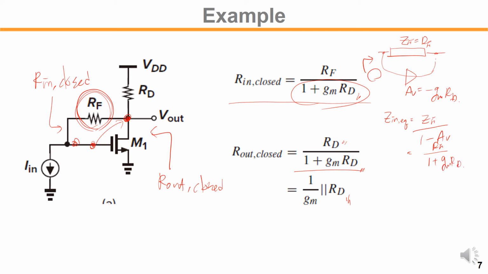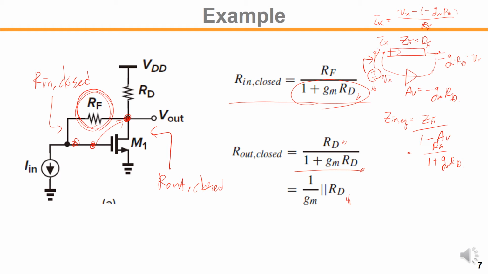You can derive the exact equation by, let's say this is Vx, and measure the Ix. If this is Vx, the output would be what? Minus GM RD times Vx. The current through the RF would be what?